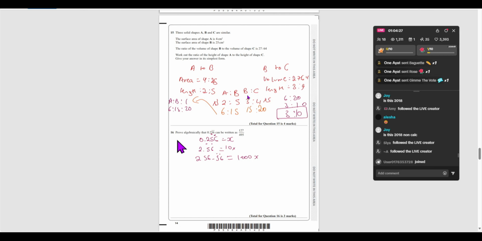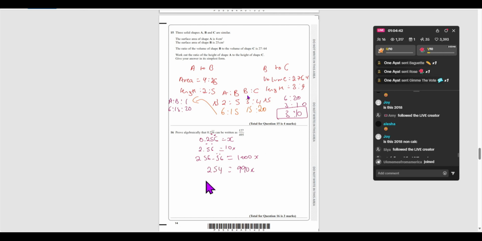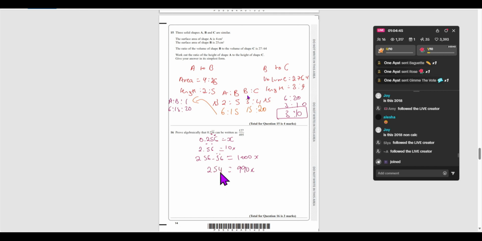So, we're going to find 990x. So, I would subtract and then you'll get 254. Then that could be written as x is equal to 254 over 990, which can be simplified to 127 over 495. That is the same as this, okay?